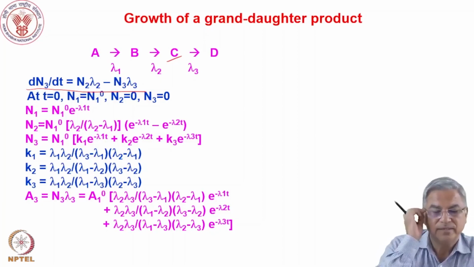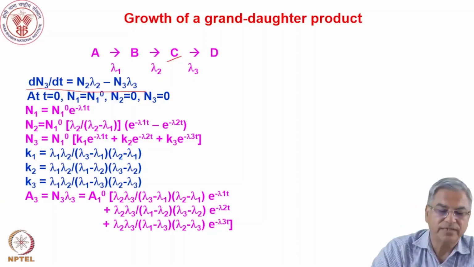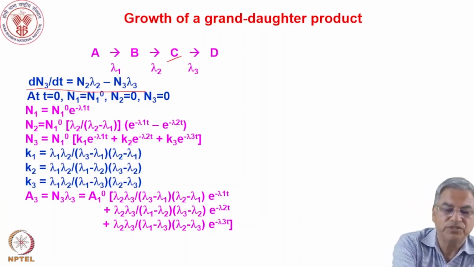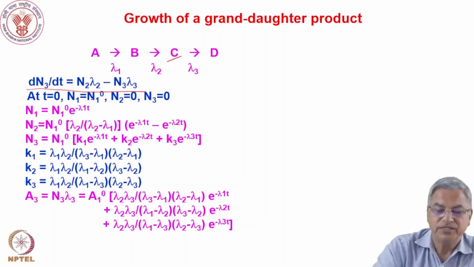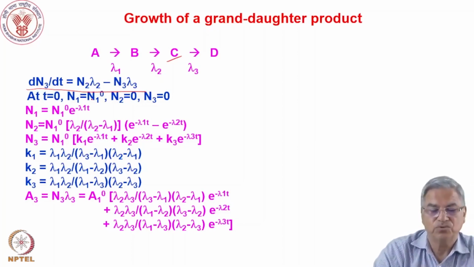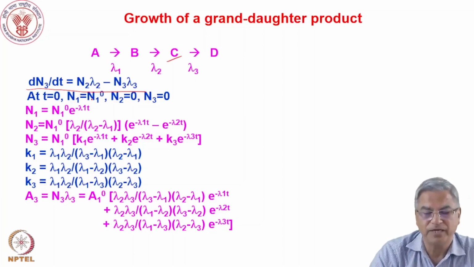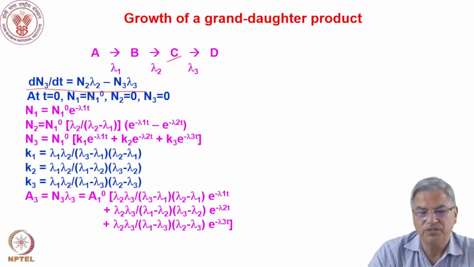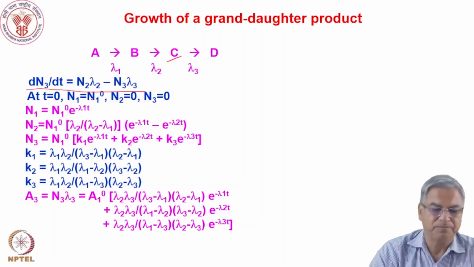Again, you can put the initial conditions: when t equal to 0, N1 equal to N1 0, and there is no B and C. So only purely freshly purified parent isotope is there. So under those conditions, how the activity of C will change with time, that is the problem we have to solve here.